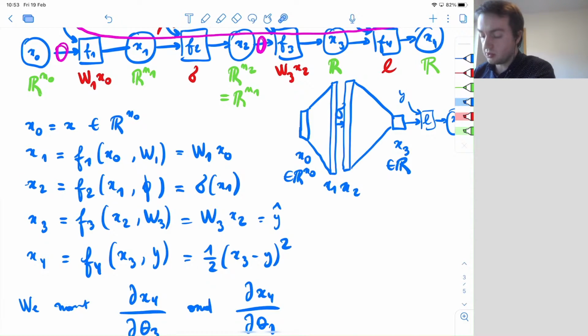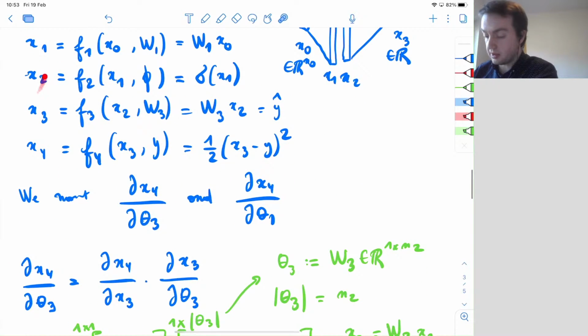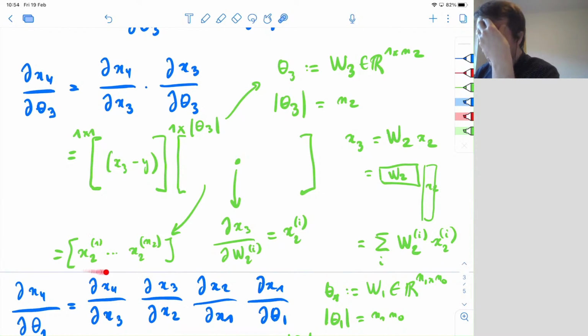In your computer program, you need to store this value x2 somewhere, because you will go on, compute x3 and x4, and then derive the Jacobians of, for example, the output with respect to the parameters theta 3, and then you arrive at this expression in which you actually need the values x2 back. But that's fine because you have stored them. So this is how you know these values: you need to store them when you apply this scheme backward.